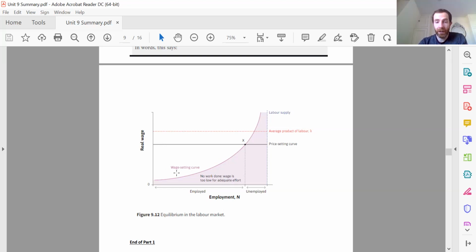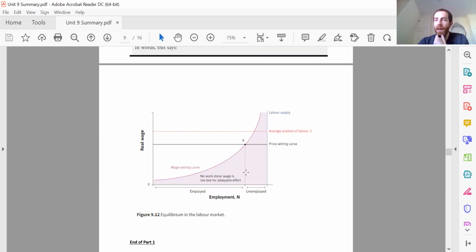And then the second ingredient is the wage setting curve, which is showing us, for different levels of employment or unemployment, what wage is required to get workers to work. And so where those two things meet, where the real wage, the profit maximizing real wage given by the price setting curve, meets our wage setting curve, that's going to determine what the level of employment or unemployment will be in the economy.